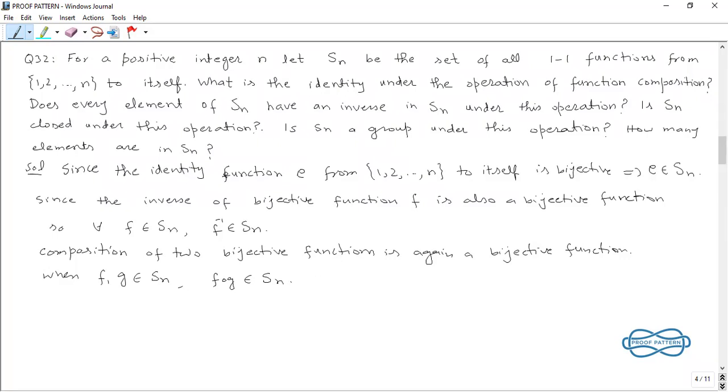So Sn is closed under function composition, and function composition is associative.